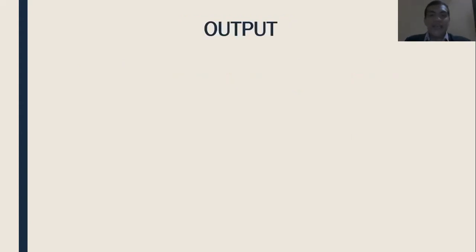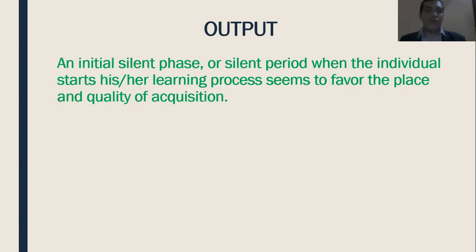Another aspect is output. So what is output in learning a new language? According to some authors, it is an initial silent phase or period when the individual starts his or her progress and seems to favor the pace and quality of acquisition.